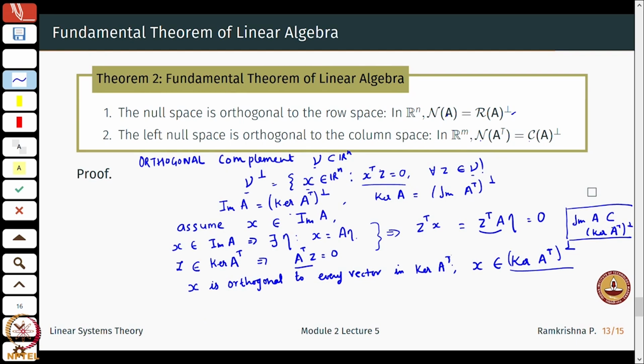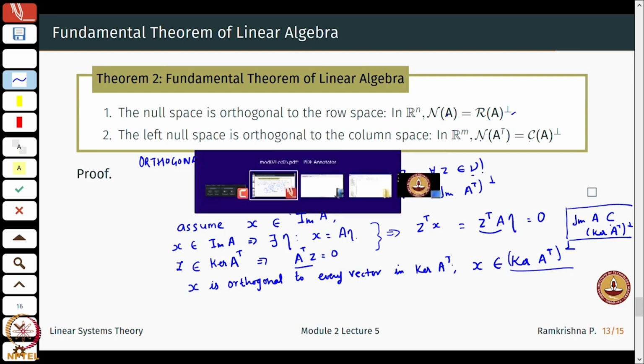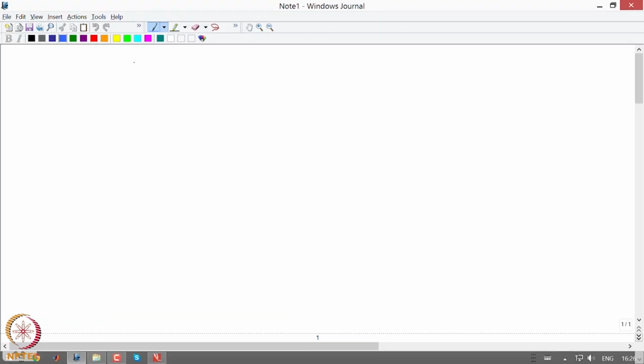Okay. So, to prove equality, we will invoke the rank nullity theorem, which we had seen in the previous slides. What we know so far is that the image of A satisfies this, the kernel of A transpose with the orthogonal complement. Now, to show that these are actually equal, we need a couple more steps.